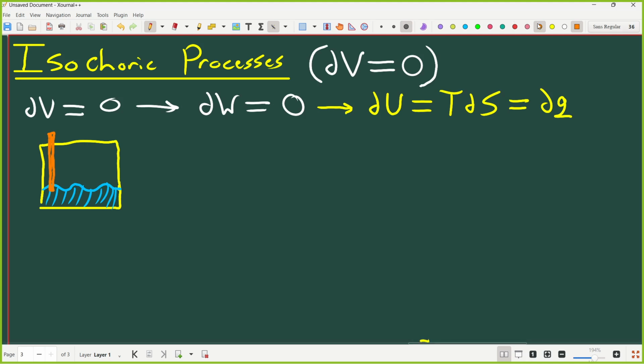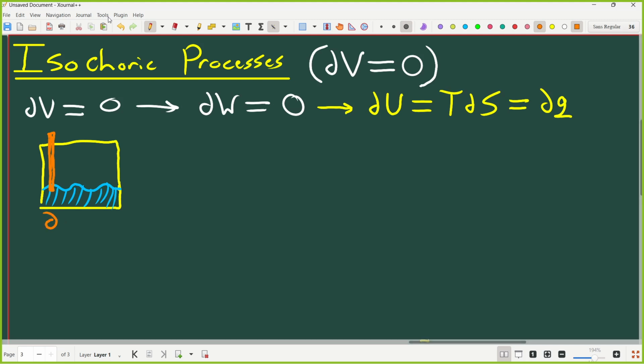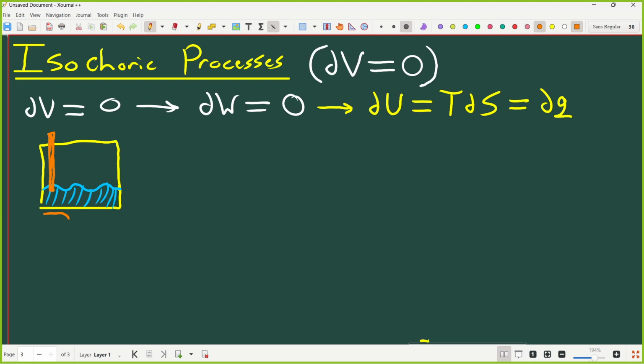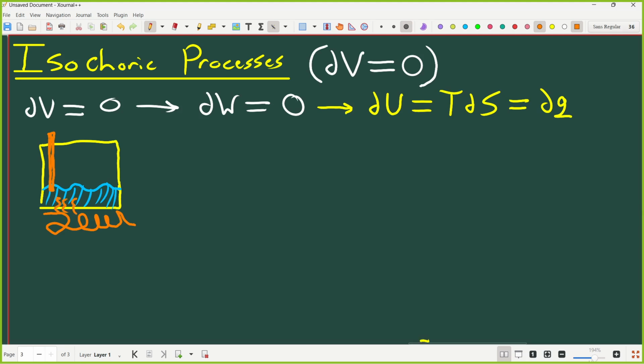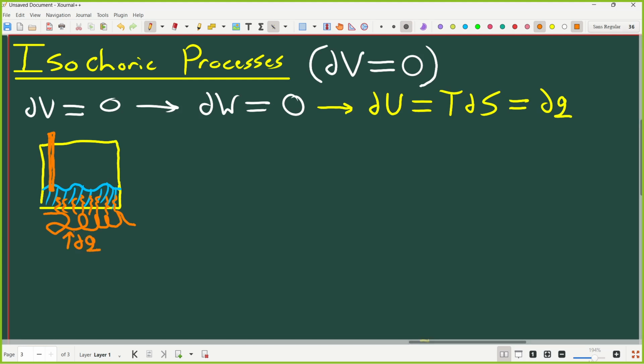Right, and below it, I'm going to put some heat coils. What do heat coils look like? These are heat coils. Right, so these are generating heat. Right, so dQ in. dQ is coming in, and here we can read the temperature.